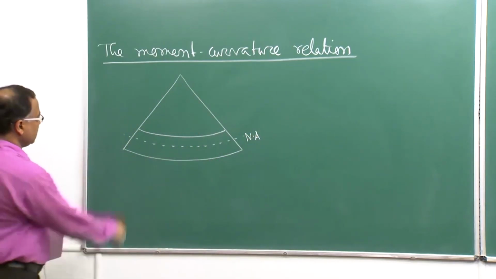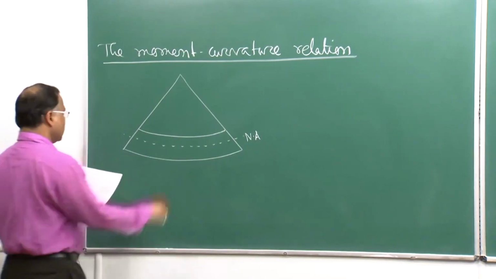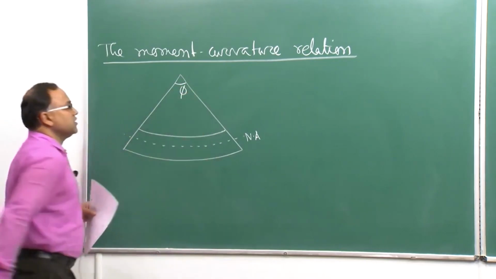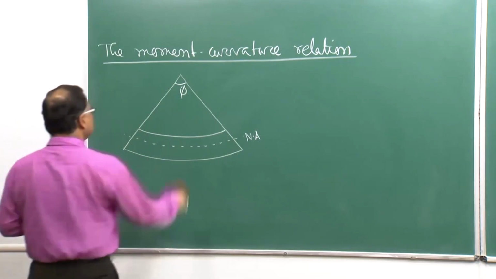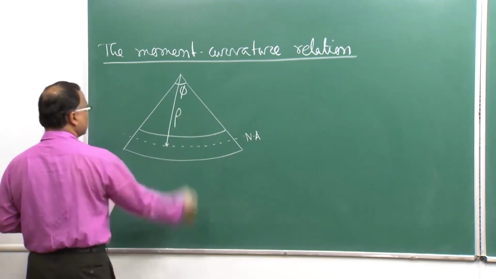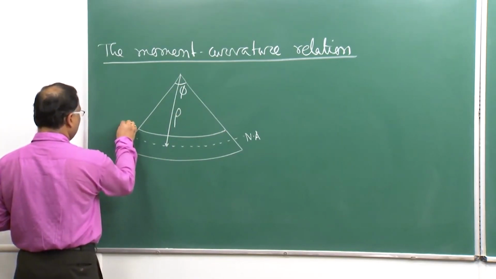This is the beam after bending, and see this angle made at the center, say phi, and the radius of curvature, say rho, under a pure bending situation.